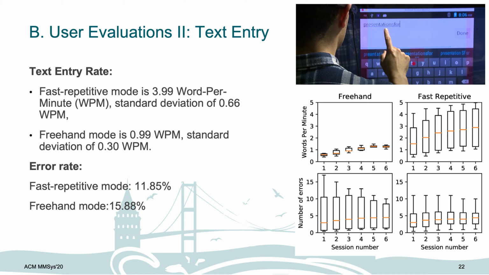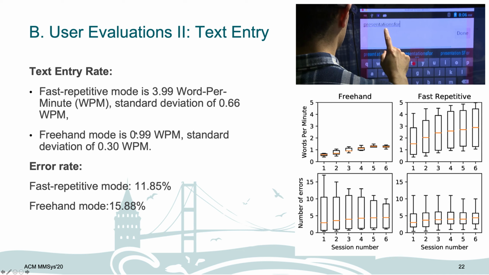And the second task is the text entry test. We measure the text entry rate and the error rate. And here we have the setup with the user. In fast repetitive mode, because it has the hardware interface and is more responsive, the user can do around 4 words per minute with a standard deviation of 0.66.